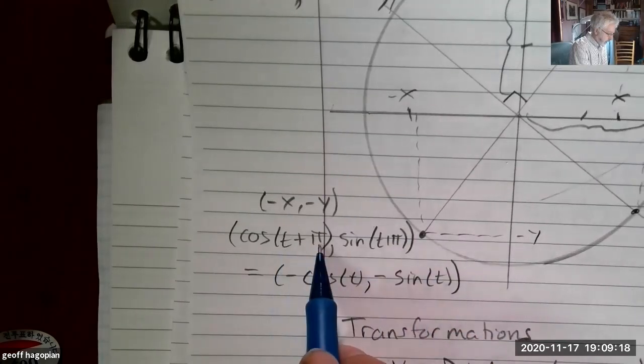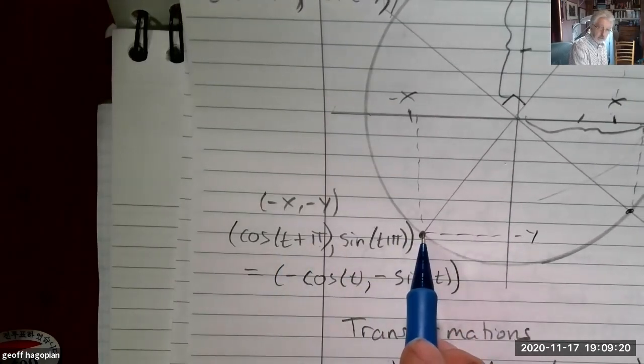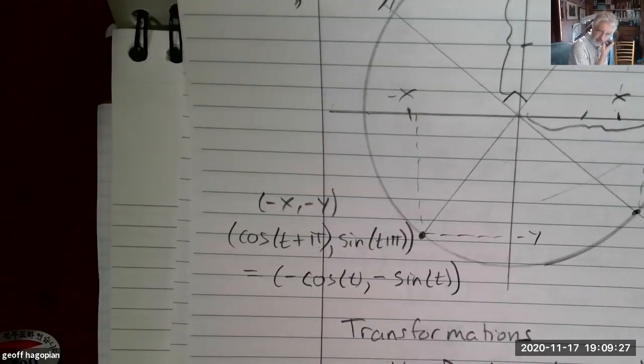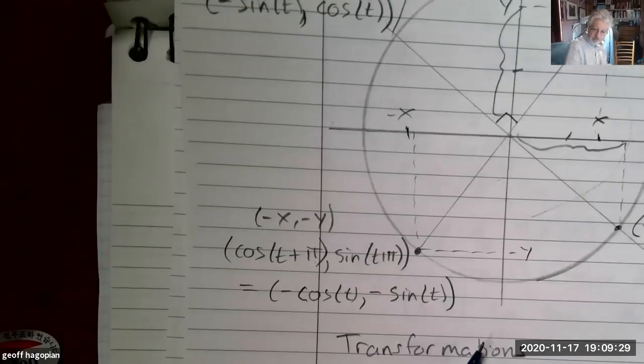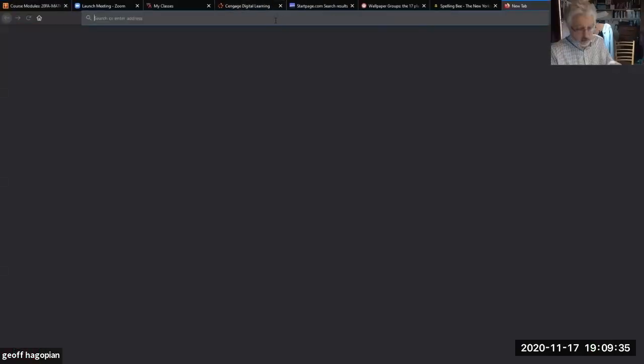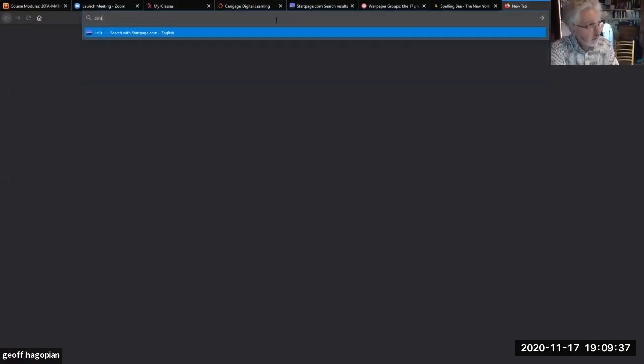So t plus pi takes you to the opposite side of the world, the antipode. Did we ever talk about the antipode? I'm tempted to take a little tangent to the antipode.